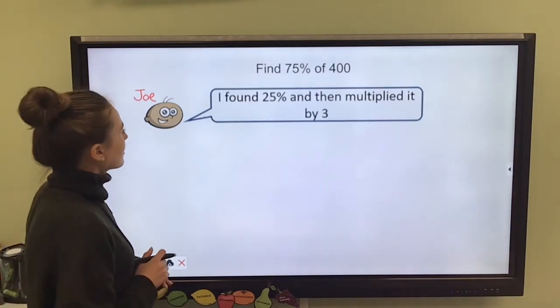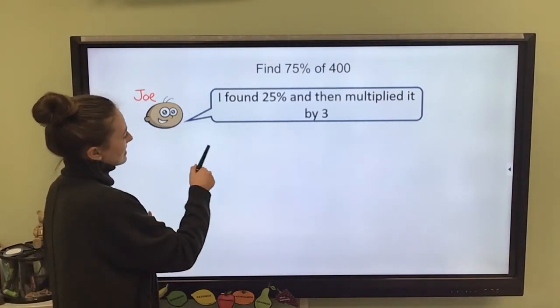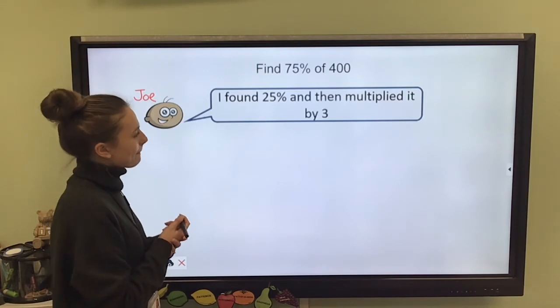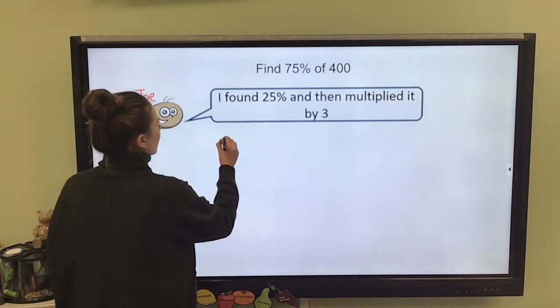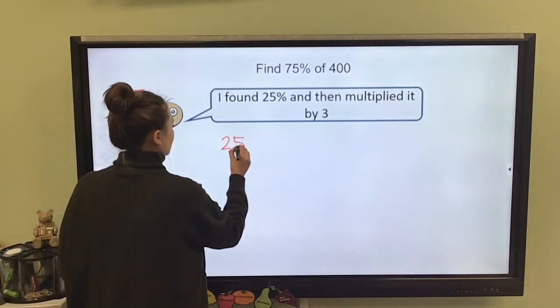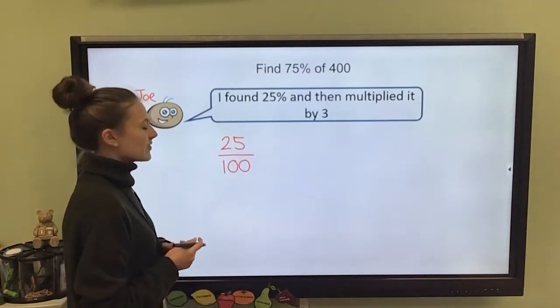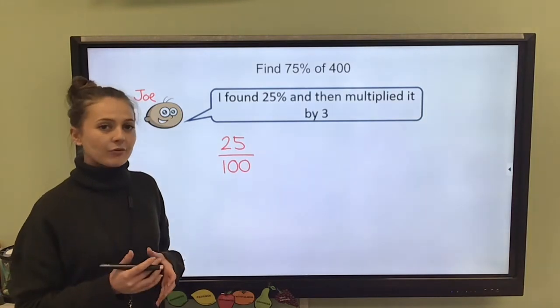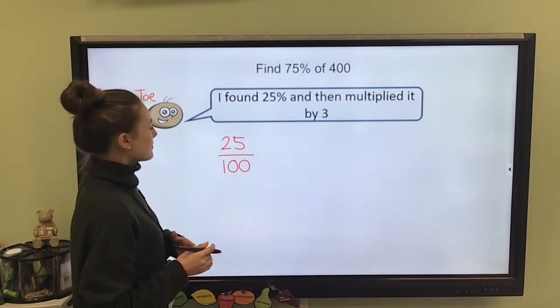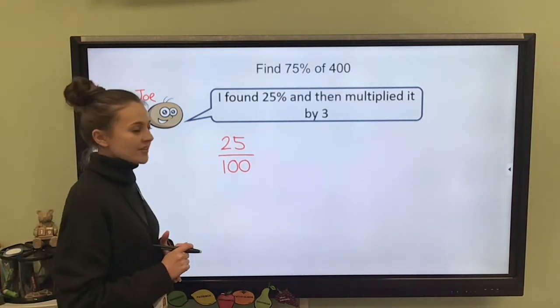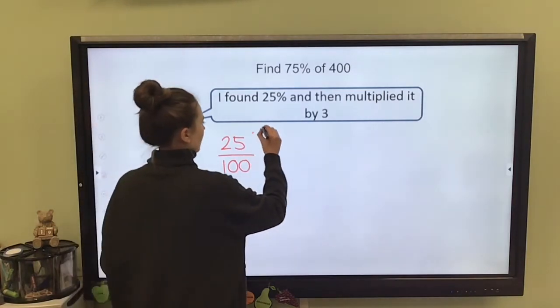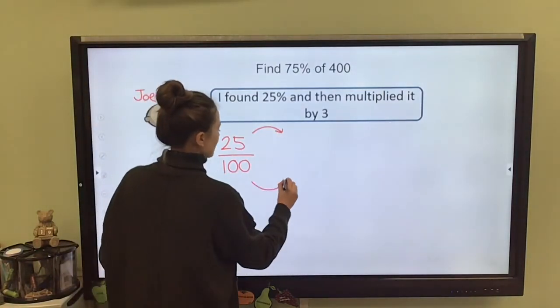If Joe is trying to find 25%, we also know that 25% is equivalent to 25 100ths because percentages are always out of 100. But we can simplify that. We've done this before.